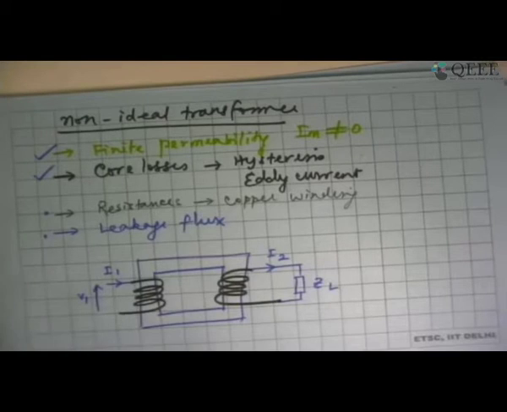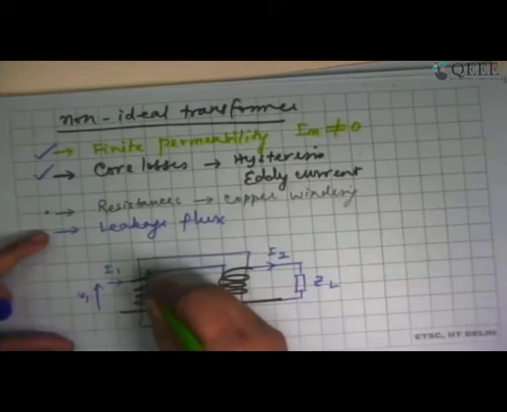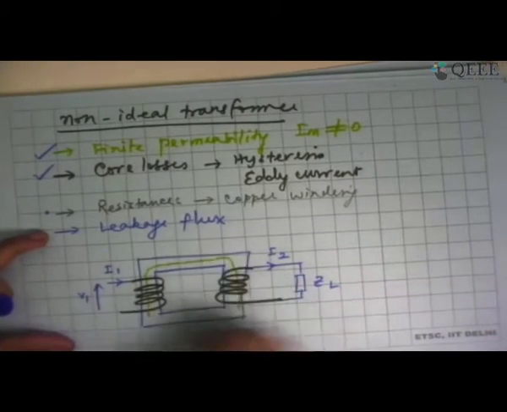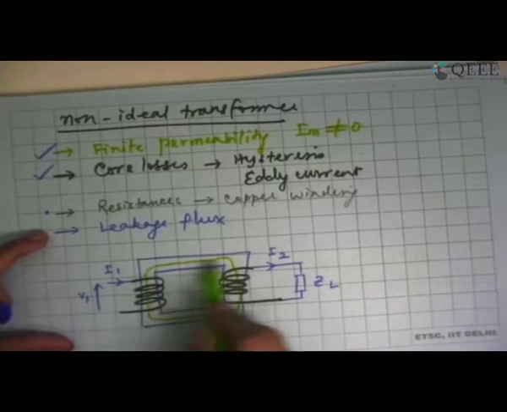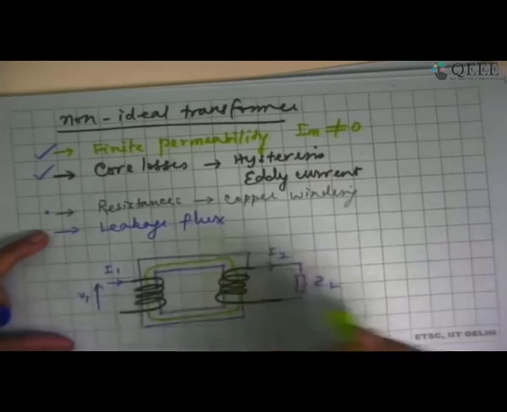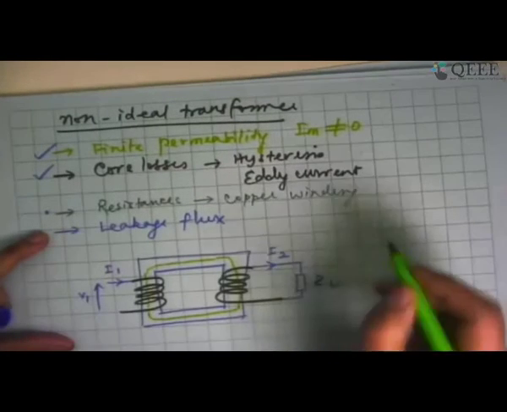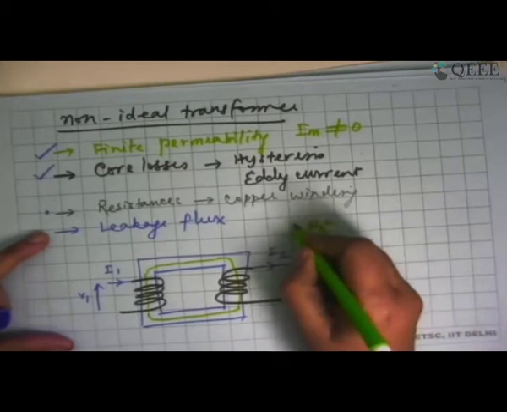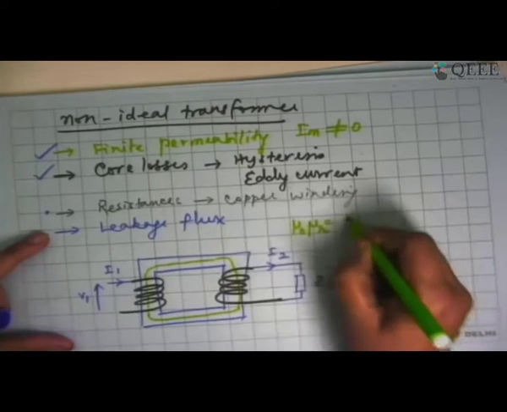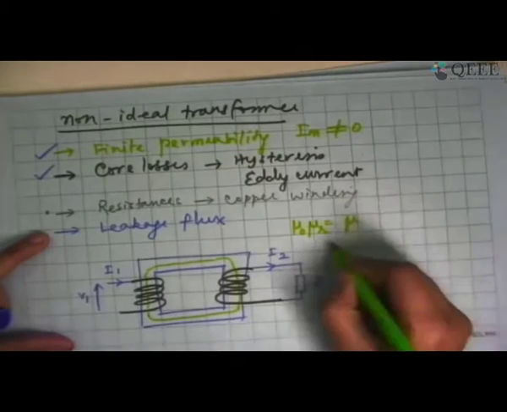Now this is going to set up a flux in the core like this, which is shown in this green line. We assume that this entire flux is going only through the core because the core permeability is high. But although the core permeability is high, it's not infinity. So mu may be mu R multiplied by mu naught, which is the permeability of the material.